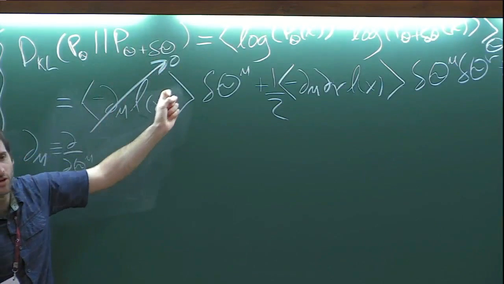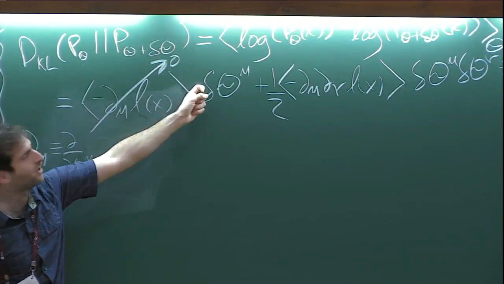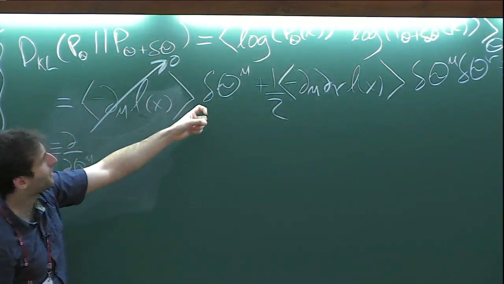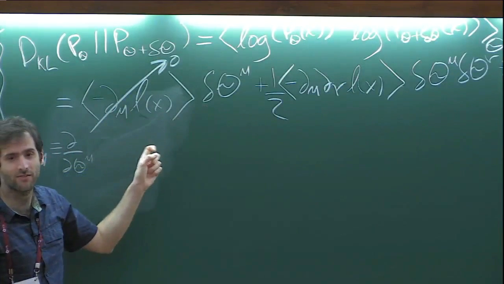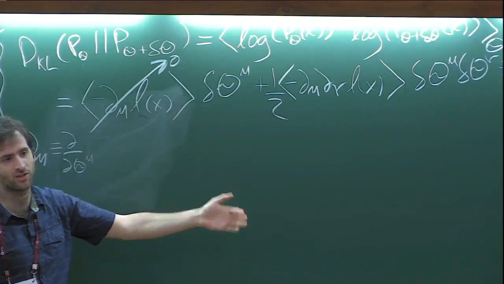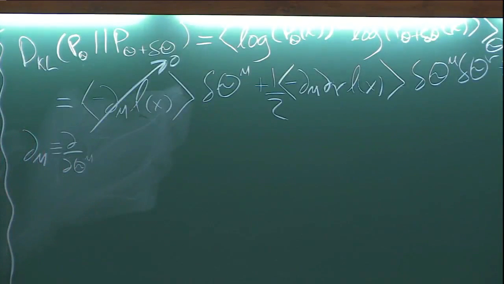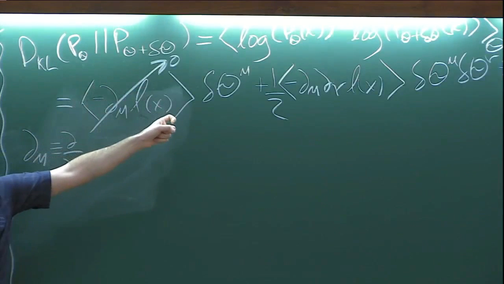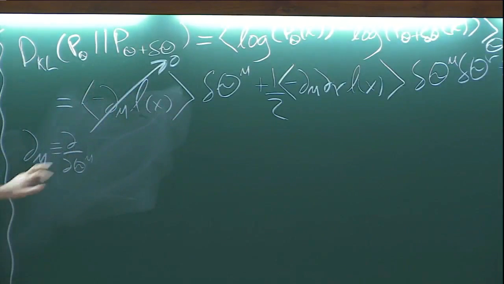And if this weren't 0, then I could choose some delta theta that was sufficiently small that we could ignore all these other terms, but was such that this was negative, and then I could have two models which have negative distance. And that seems very problematic, right? That means that I could write down this model, P of theta, and I'd be able to fit it better with a different model. Right, so this doesn't make any sense, so this better be 0.